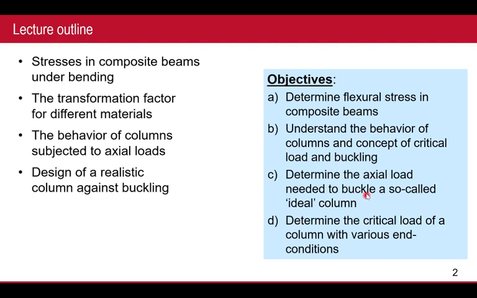This question is not that hard, you just need to know the basics. And determine the critical load of a column with various end conditions, because in real applications there are many different kinds of conditions, but I can show some simple ways to do the work.